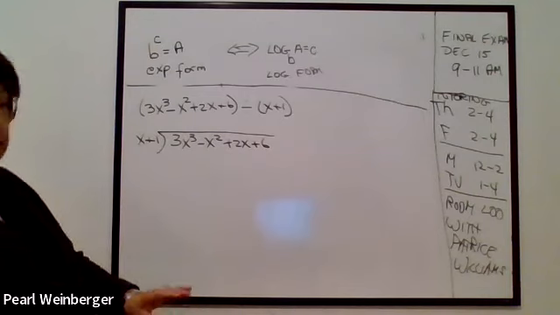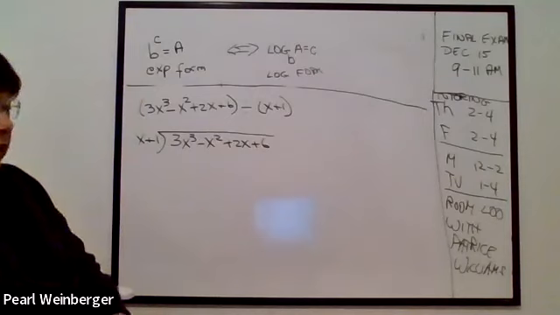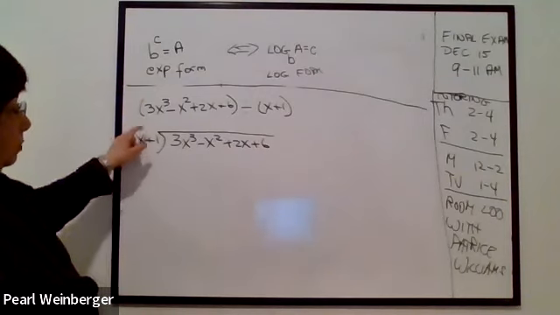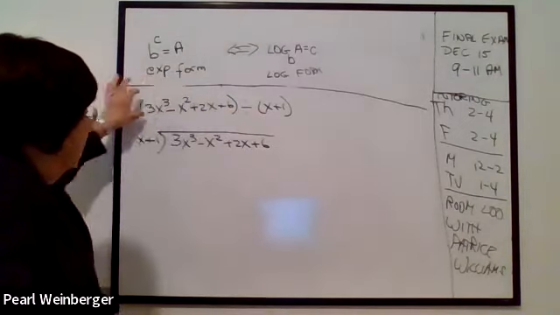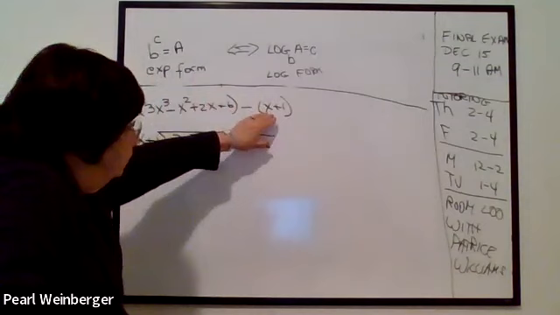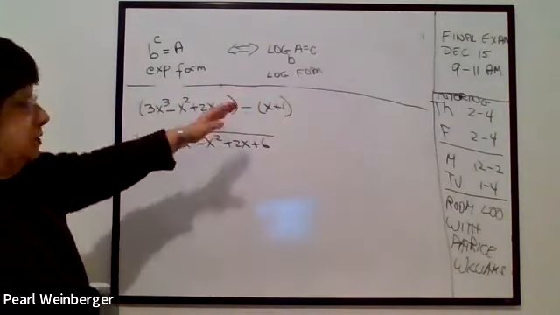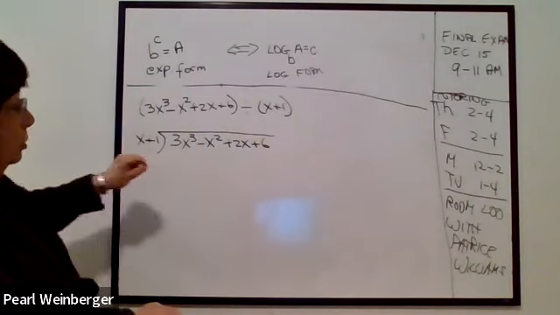Okay, let's work on this together. We've got it set up properly. If you recall what we do when we're doing this long division, which we do when we have a polynomial divided by a binomial, or by any polynomial, we have to set it up as this long division.